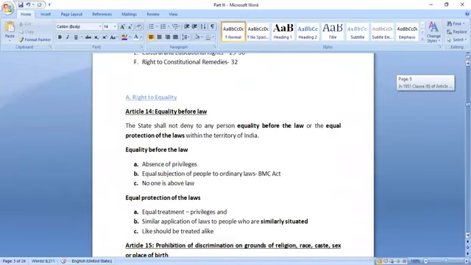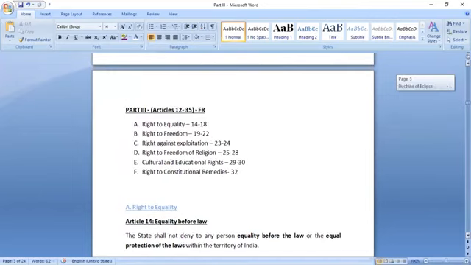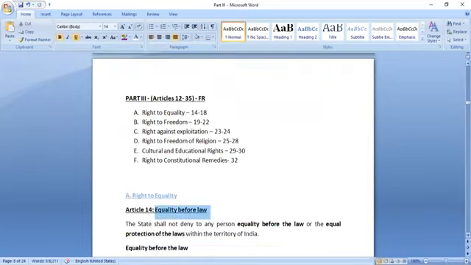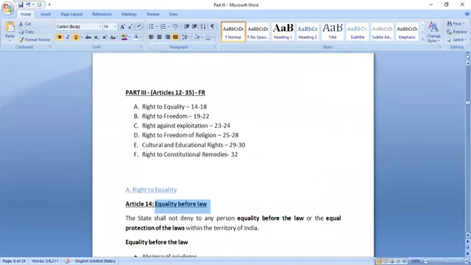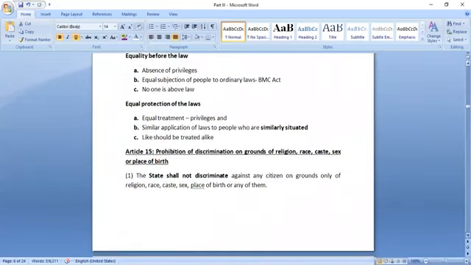And similarly for Article 14 also, the first thing you should do is remember that there are 6 different categories of rights and these are the articles. After that, what you should try to remember is what is Article 14? It is equality before law. What is Article 15? It is regarding the prohibition of discrimination on these 5 grounds.